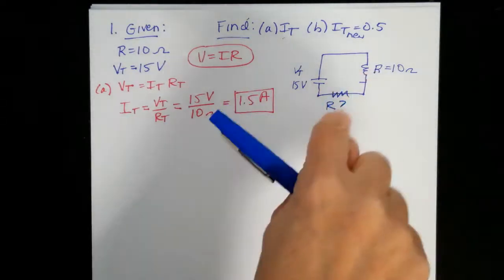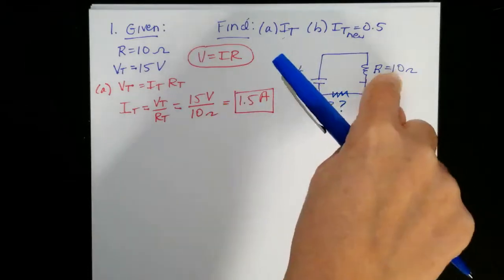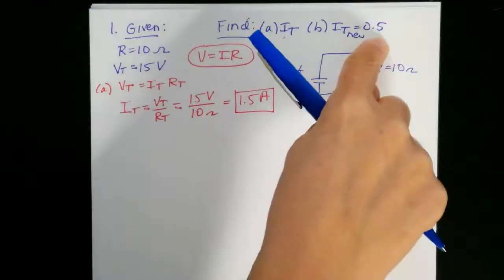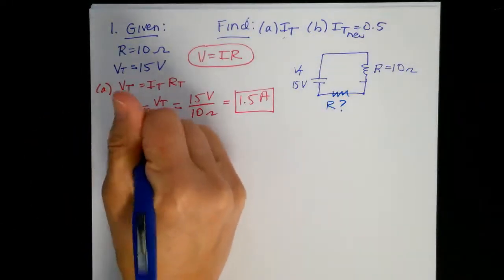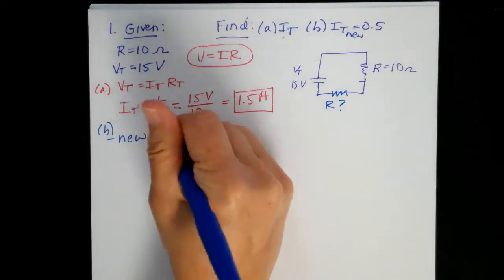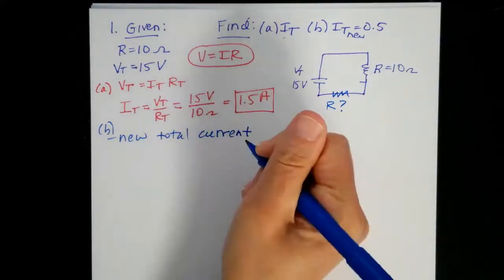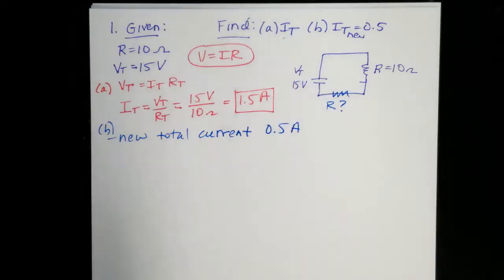So what resistor has to be added in series with this to reduce the current to 0.5? So the new total current has to be 0.5. So what does that mean?